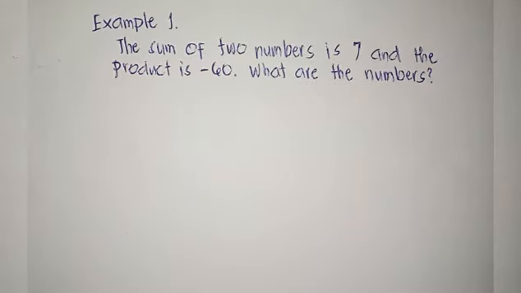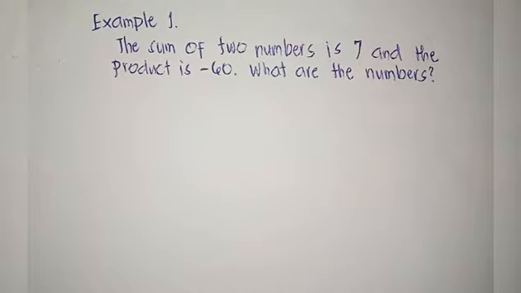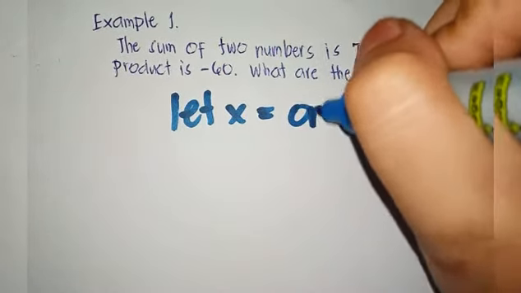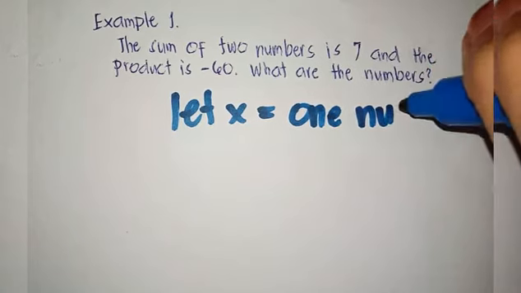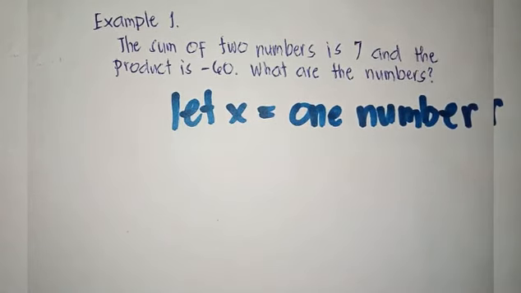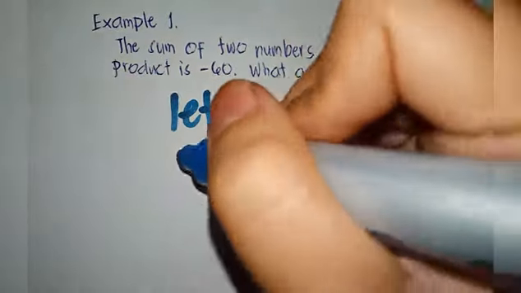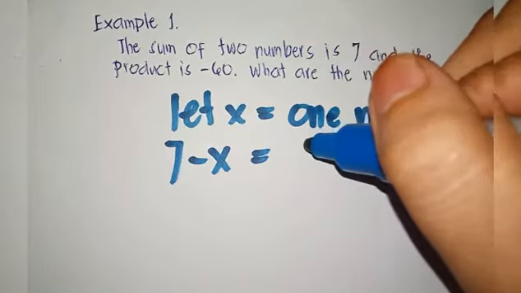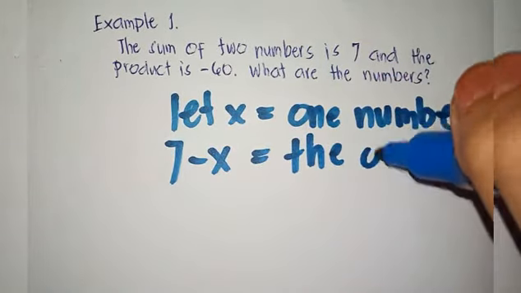So we have here example number 1. The sum of two numbers is 7 and the product is negative 60. What are the numbers? So let x be the one number. Then since it says here that the sum of two numbers is 7, let 7 minus x be the other number.